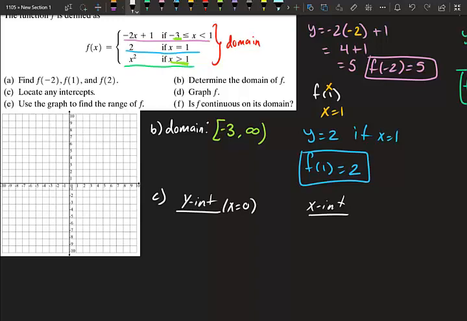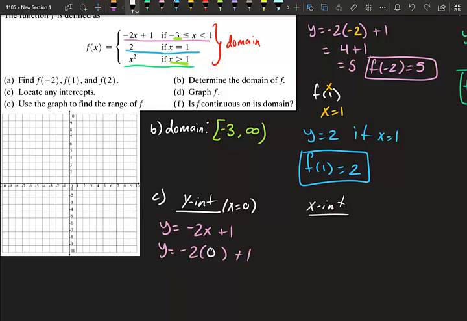If I go to the bottom one, 0 is not greater than 1. Middle one, 0 does not equal 1. Top one, 0 is in between -3 and 1. So since 0 is in between -3 and 1, it fits there. I know that the top one has a y-intercept. So I'm going to replace x with 0.